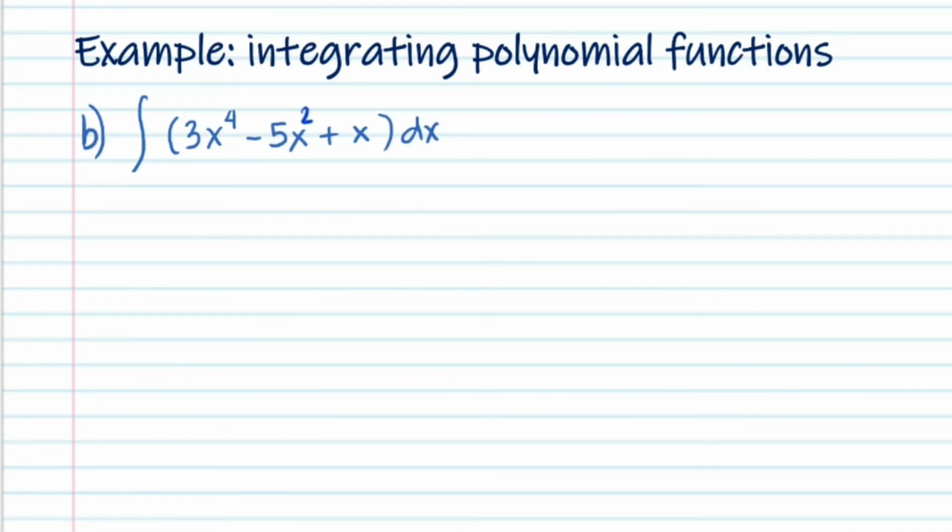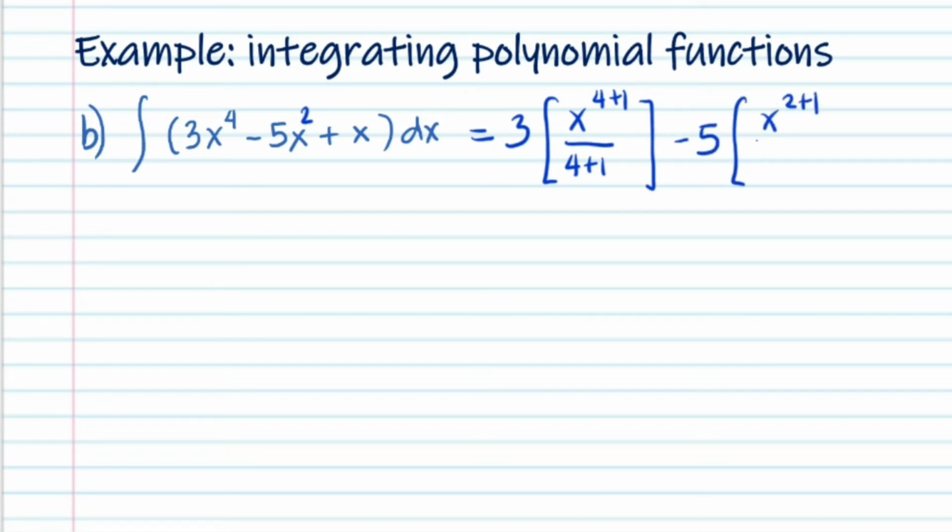So we have here integrating a polynomial function, 3 times x to the 4 plus 1 over 4 plus 1, minus 5 times x to the 2 plus 1 over 2 plus 1, plus x to the 1 plus 1 over 1 plus 1 plus c.